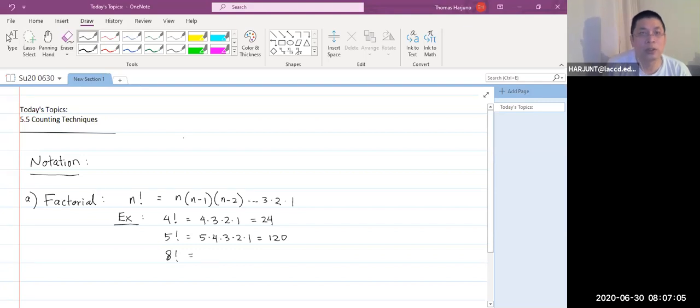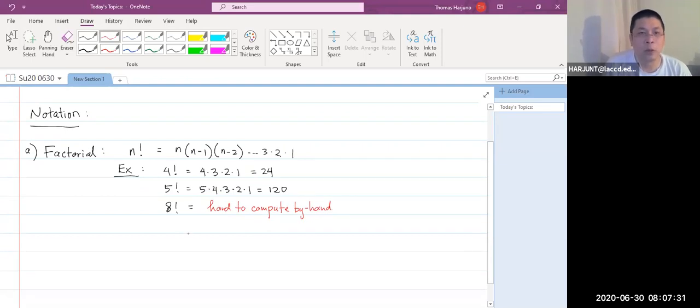This is hard to compute by hand, the larger the number. So I will teach you how to use the calculator here.